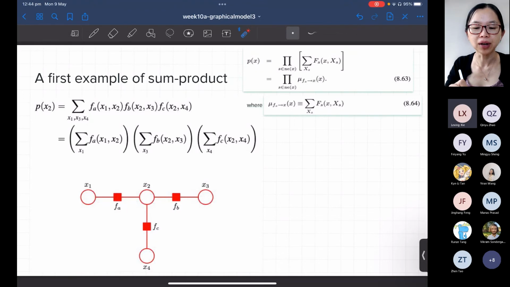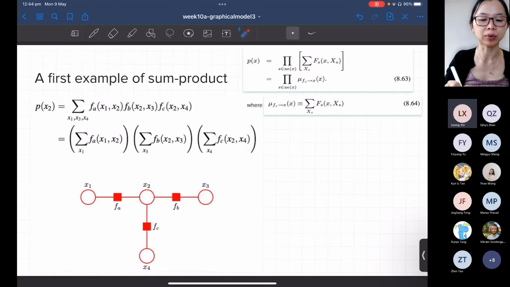So there are 3 factors, and if we want to compute the marginal of x2, as we can see, we shape this tree centered or rooted at x2. The first level siblings are the 3 factors, and then the 3 nodes are the second level offspring, right? So the first line is nothing but just the definition. We marginalize over all 3 other variables over all factors.